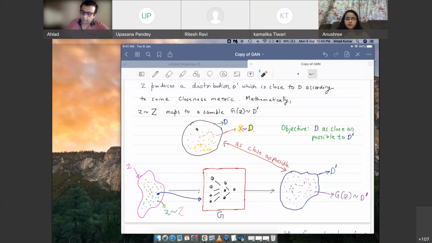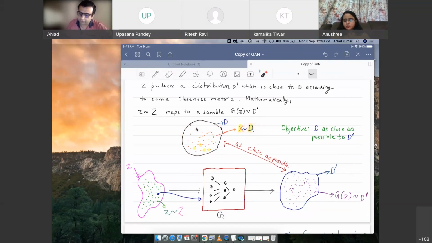Now we want to estimate this distribution capital D. There are two ways of doing this estimate. The first way is this generative adversarial network, which I am explaining here, and I will show you the second way later. So our target is to calculate this distribution capital D.